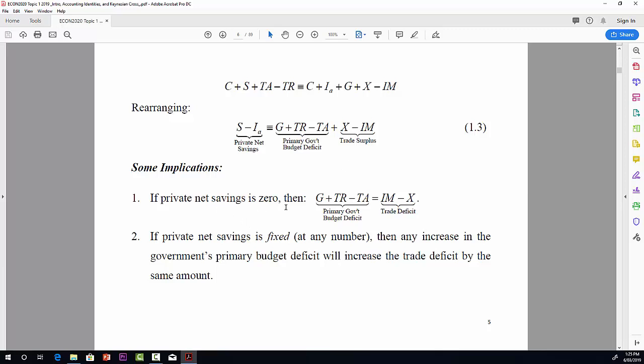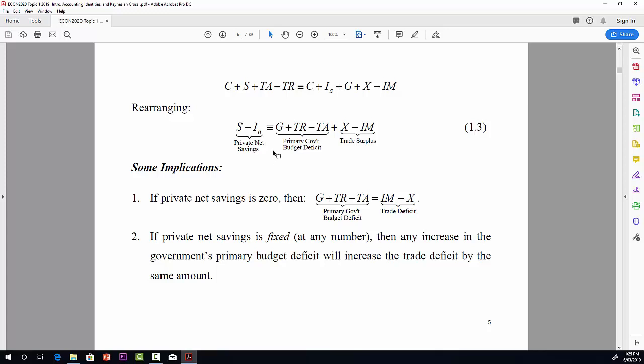First of all, suppose private net savings is zero. I mean, suppose savings and actual investment are exactly the same amount. So we've got zero on the left-hand side of this equation.